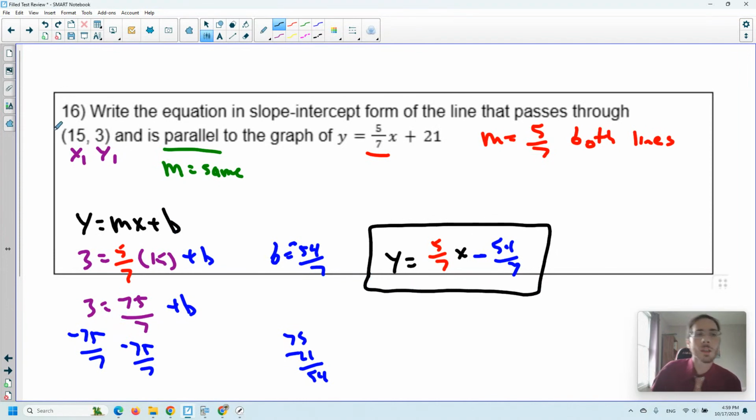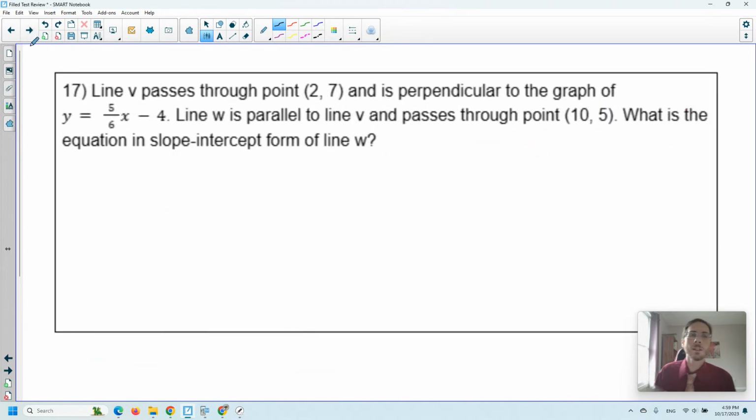So there we go. For 17, line V passes through the point (2, 7) and is perpendicular to the graph of y equals 5/6 x minus 4. So this is our starting slope. If m equals 5/6, to get the perpendicular slope, remember we're going to do the negative reciprocal.